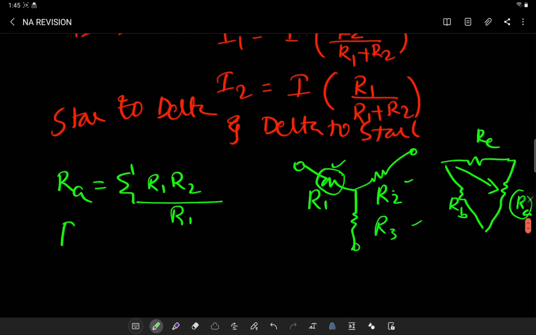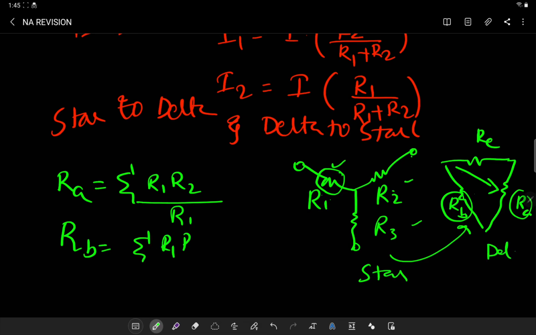Now similarly, let's take RB. So this is RB, and the opposite resistance, if you keep these particular elements in the star network and this is your delta network, so it is summation of R1 R2 divided by the exact opposite of RB, which is R2.